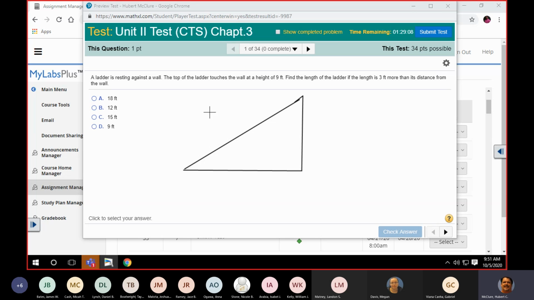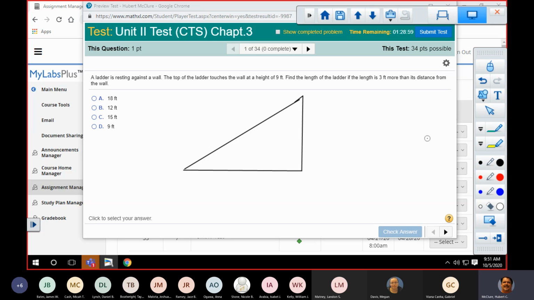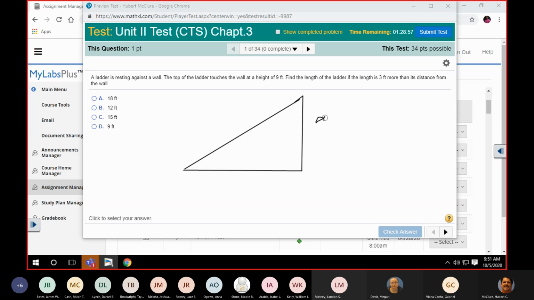All right, the top of the ladder touches the wall at a height of 9 feet. So that means this is 9 feet. The length of the ladder is 3 foot more. Let's say this is x, and this is x plus 3.